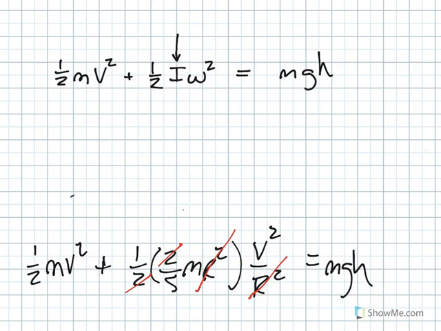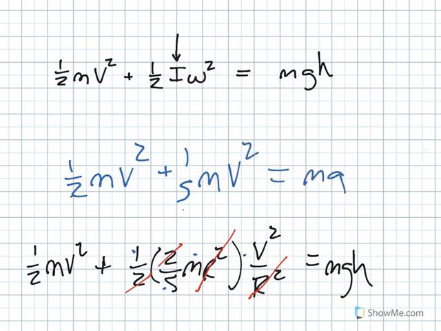Now let's rewrite this without these terms that we just canceled. So now this becomes 1/2 mv squared plus 1/5 mv squared equals mgh.